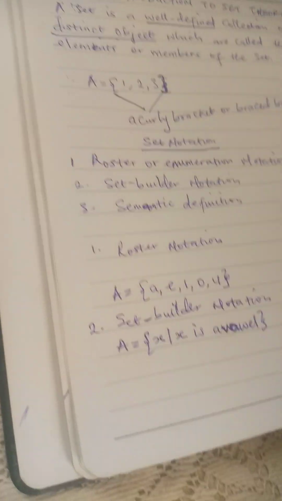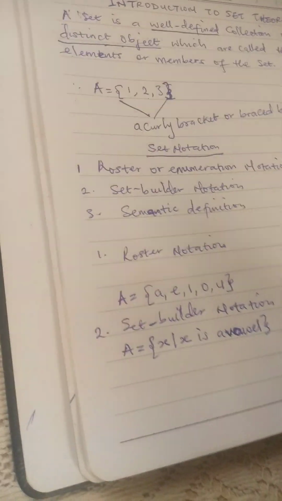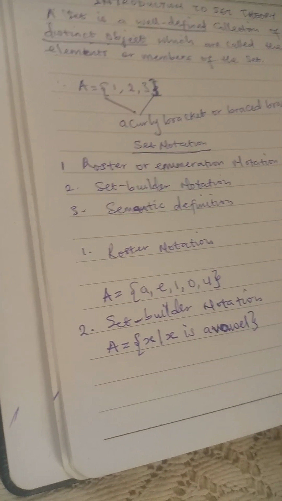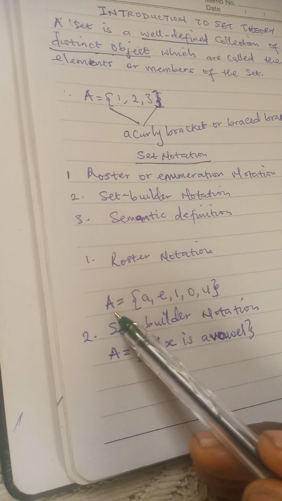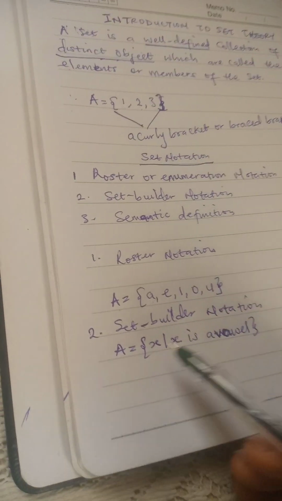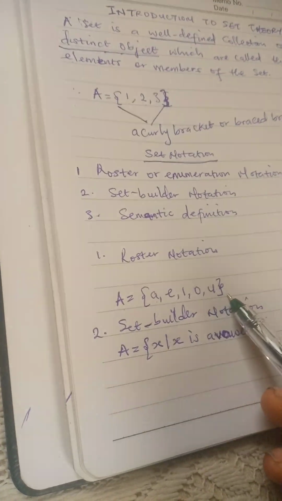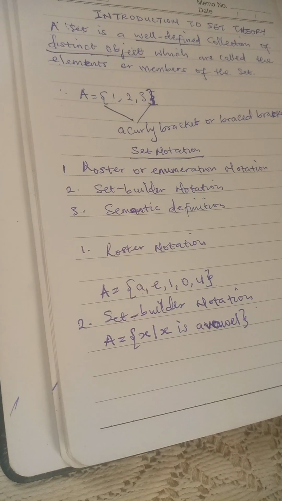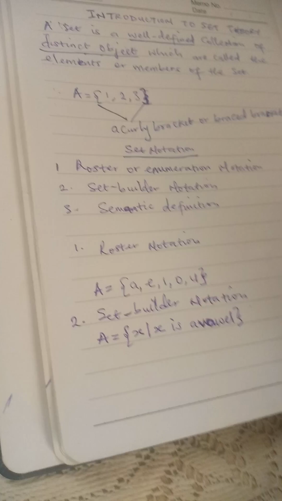Now, this is a set of vowels, right? So if I should interpret this using the listing method or roster notation, then I'll be listing out the vowels as A, E, I, O, U. But now, for set builder notation, I'm not going to be listing, but I'm going to be giving a proper description to the set.